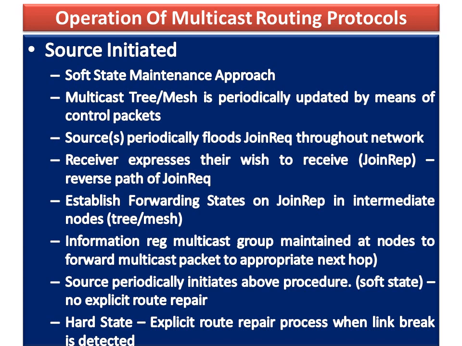So it periodically floods join requests throughout the network, and the receiver which actually wants to join the group will express their wish to receive. So they send the join reply along the reverse path of the join request. So this kind of route request and route reply you're seeing is similar to this join request and join reply that initially comes in to form the multicast group.